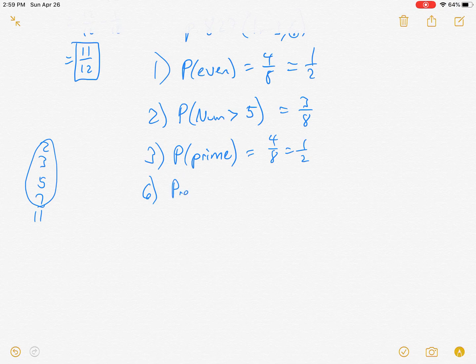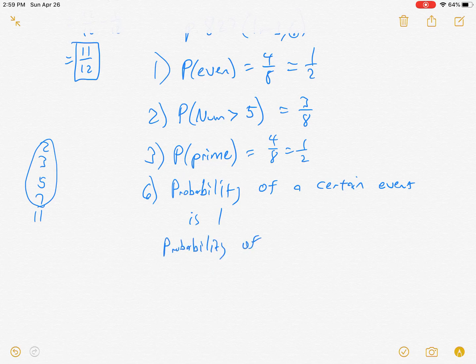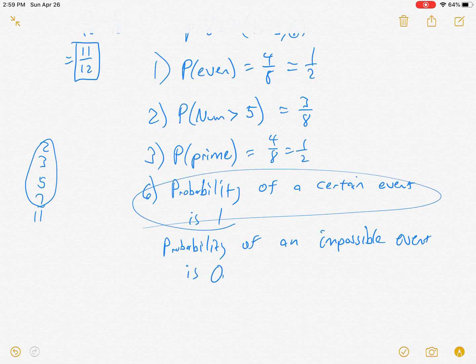Also looking at number 6, it says your friend says the probability of rolling a number less than 7 on a standard number cube is 100. Explain your friend's error and find the correct probability. So you don't say the probability is 100. You say the probability is 1. I don't remember when this comes up, but the probability of a certain event is 1, not 100.